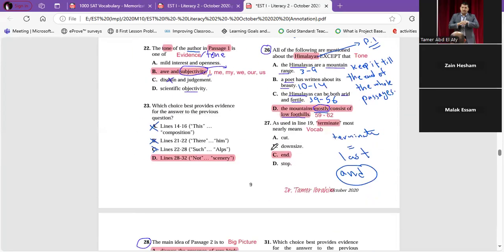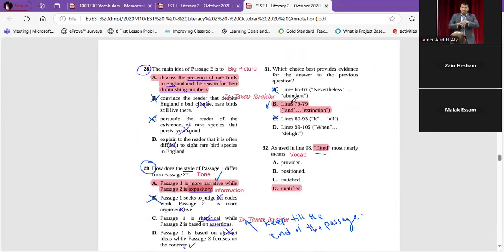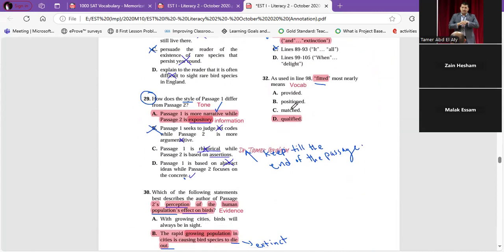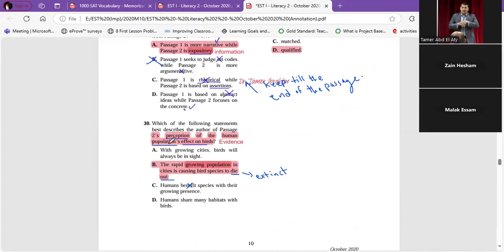No, again. So now we know that the answer is here: because of the population, it caused extinction for the birds. So with growing cities, birds will always be inside? No. The rapidly growing population in cities is causing bird species to die out? Yes, to become extinct. He said that.